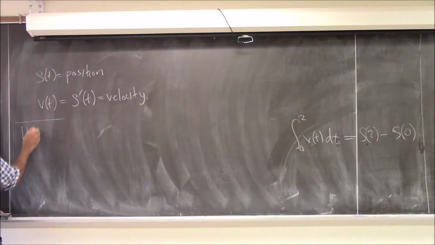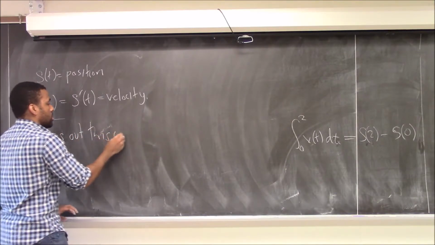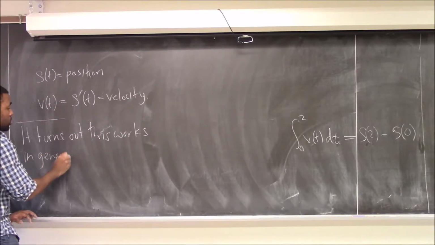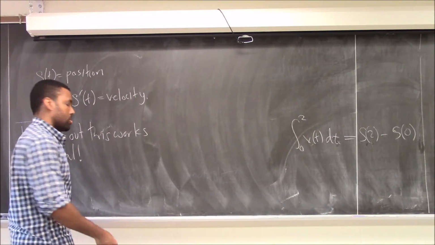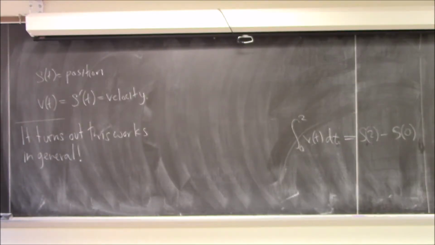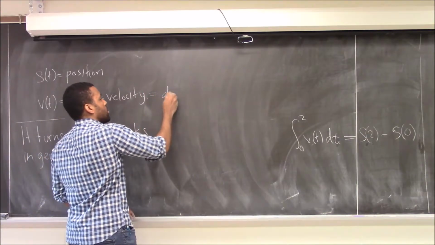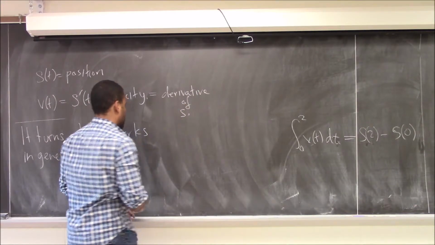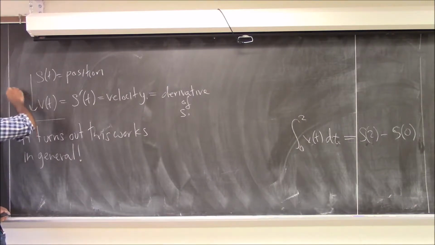It turns out this works in general, right? I was going to prove it for you, but I don't think I want to do that anymore. So it turns out this actually works in general. V is the derivative of s. So to go from s to v, you differentiate.